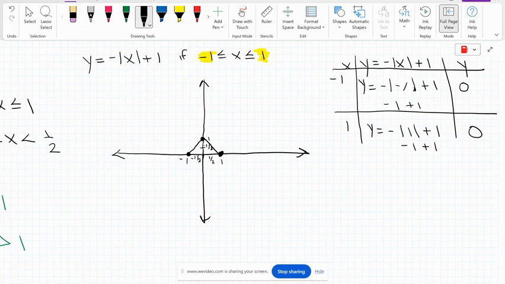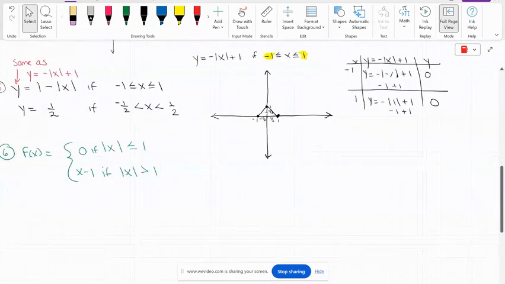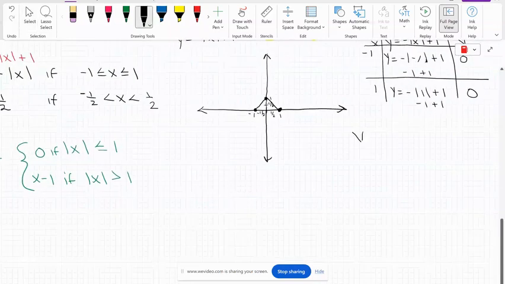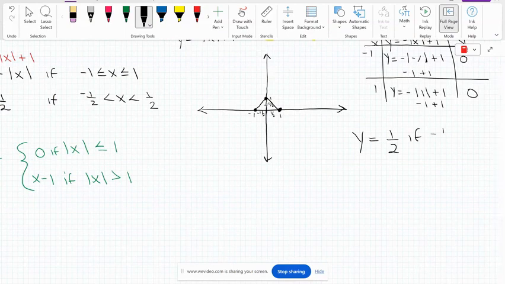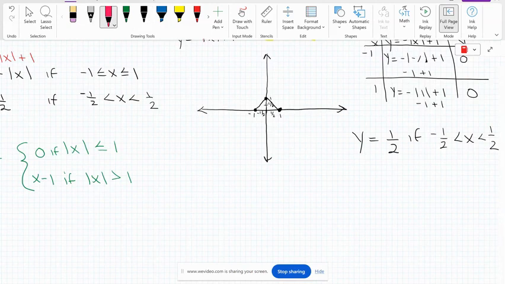All right, so now the rest of this graph is going to be y equals a half if negative a half is less than x, which is less than positive a half. So what does that mean? That means it would have been open circle here and here.